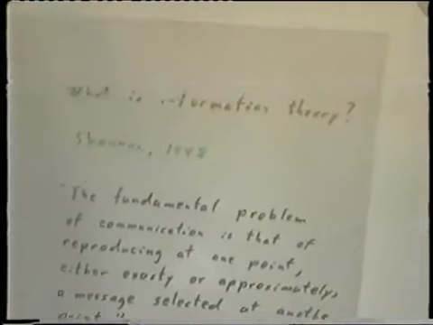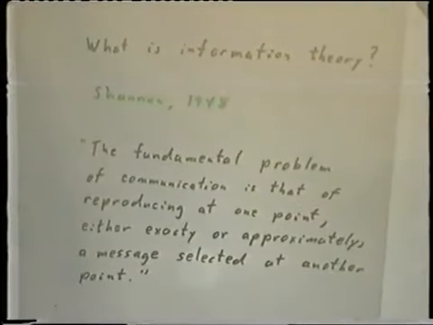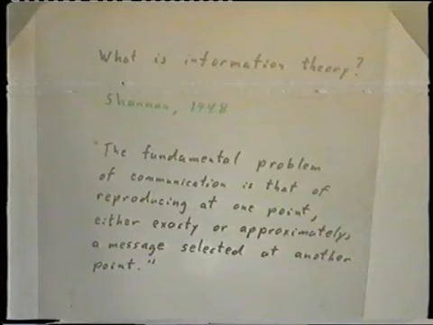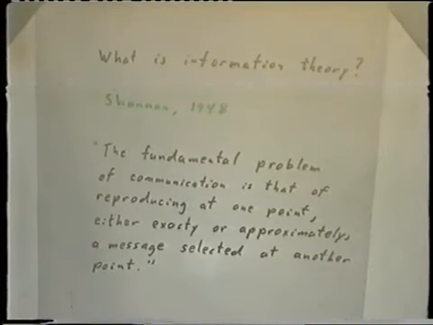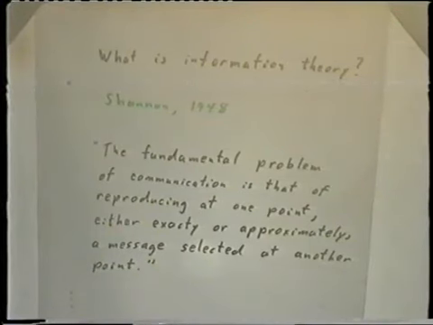Okay. So I'll get back to quantum computation at the end of the talk, but now I want to talk about information theory. So first, what is information theory? Well, Shannon started the field with one brilliant paper in 1948, and here's a quote from it: the fundamental problem of communication is that of reproducing at one point either exactly or approximately a message selected at another point.